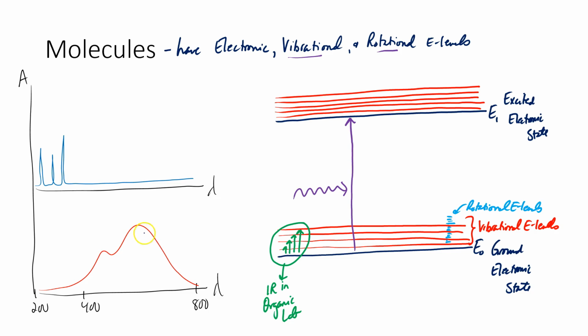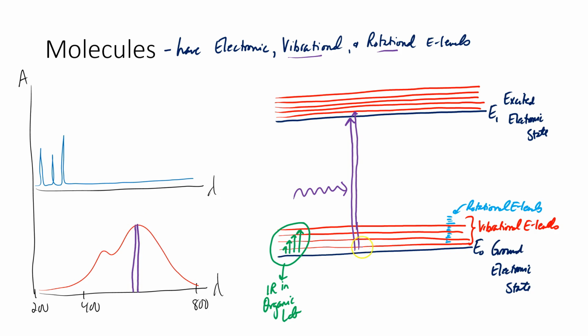Perhaps that has an energy that you would find right there. Now increase the energy of that photon a little bit and you'll be able to go from the lowest vibrational energy level in the ground electronic state to an excited vibrational energy level in that excited electronic state. Maybe that has a slightly higher energy and corresponds to this wavelength here.